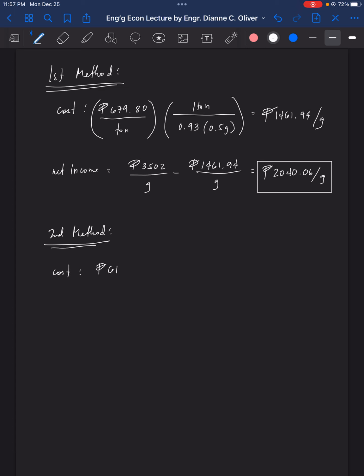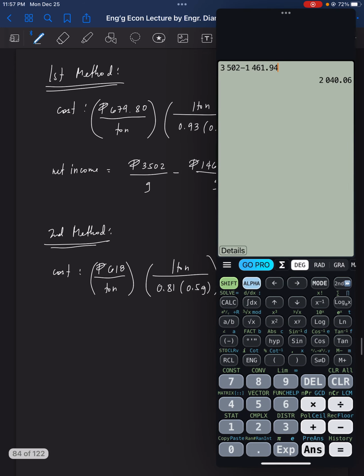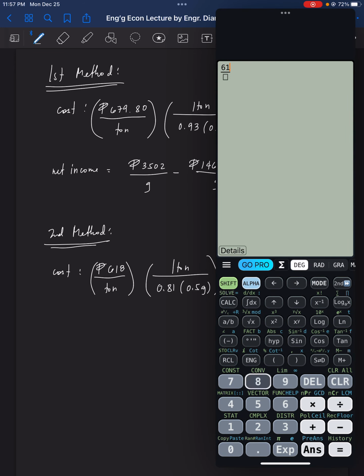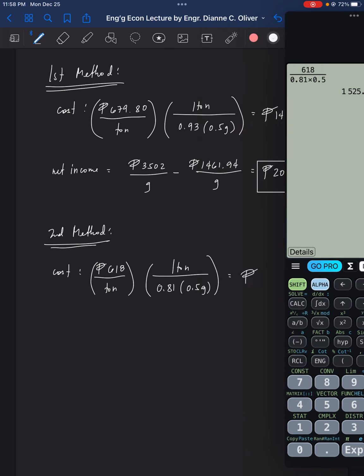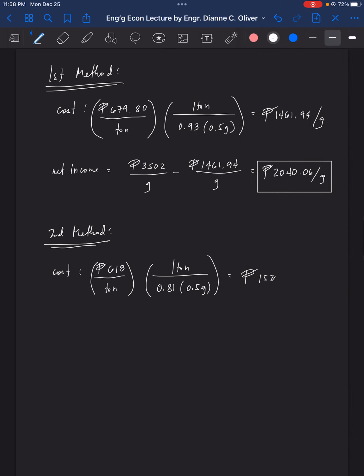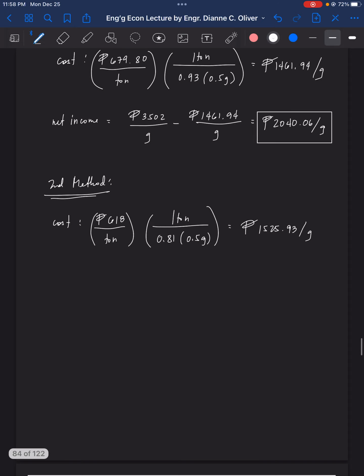So that is 618 pesos per ton multiplied with 1 ton, and then the recovery for gold is 81%. That is equal to 1525.93 per gram.